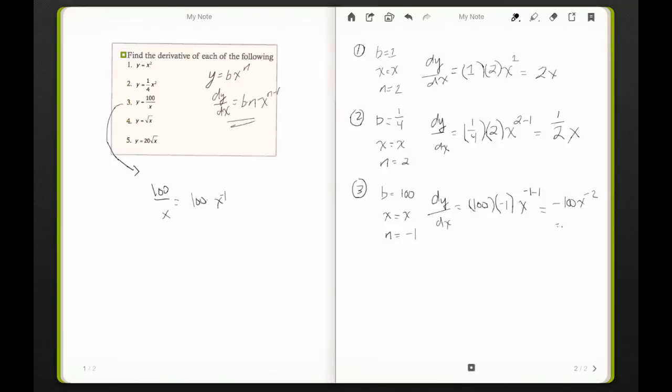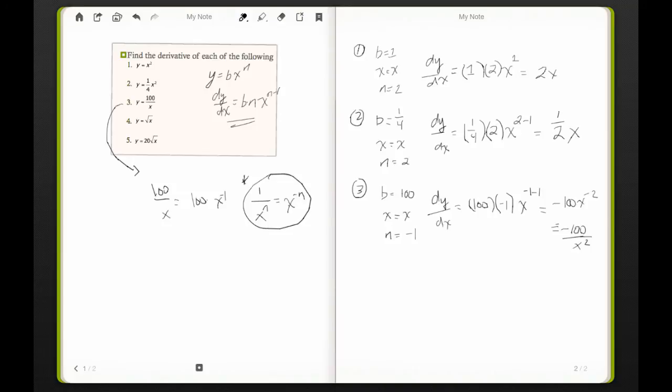You can write that further as -100 divided by x squared. Remember that 1 over x to the n is the same thing as x to the -n. These two are identical, just different ways of writing the same thing.